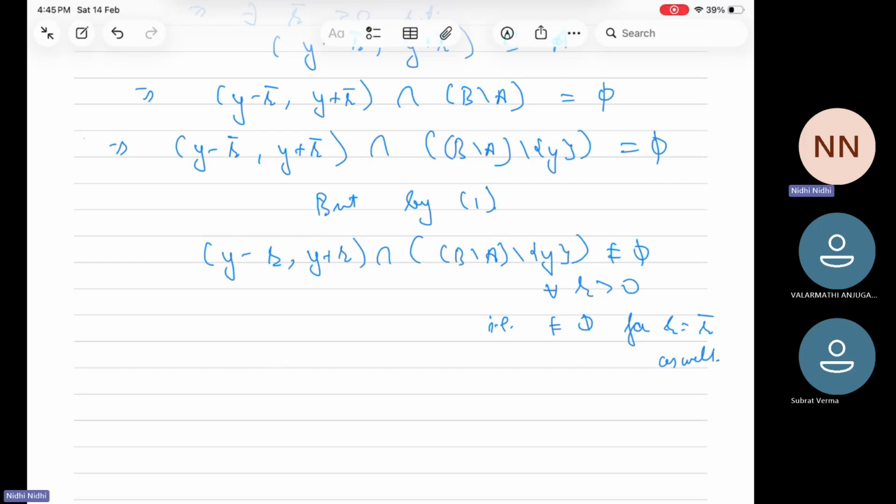A set is closed if and only if the complement of the set is open. So the contrapositive of the statement is: the complement of a set is not open implies the set is not closed.